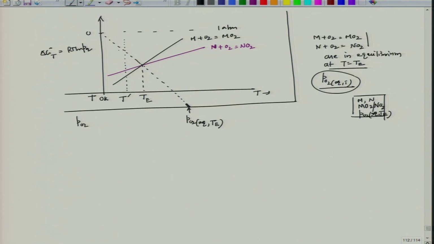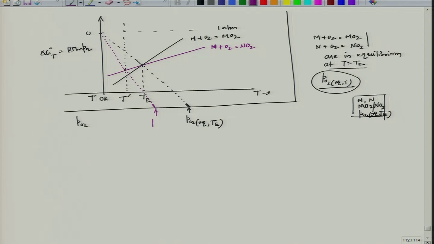Now at this temperature I could find out what is the equilibrium partial pressure for N plus O2. So, I can connect this point, I can extend and see where it is meeting.